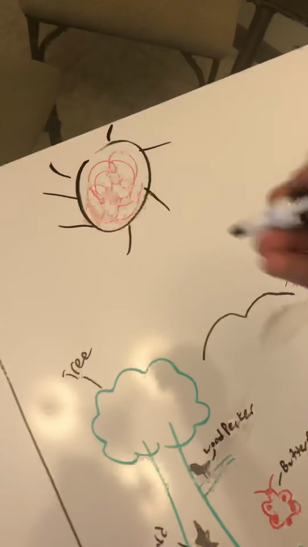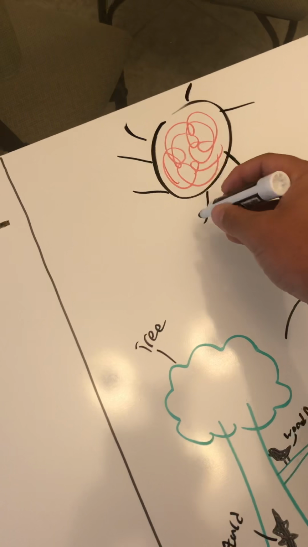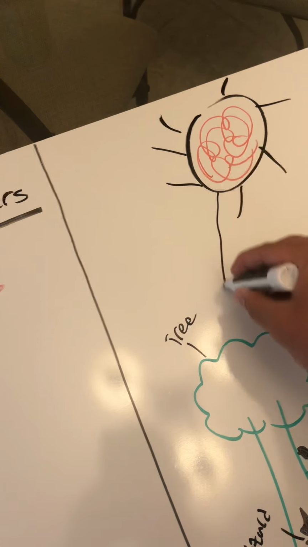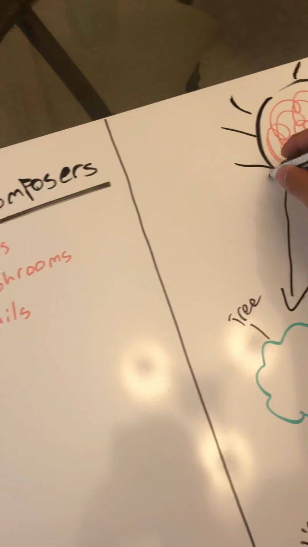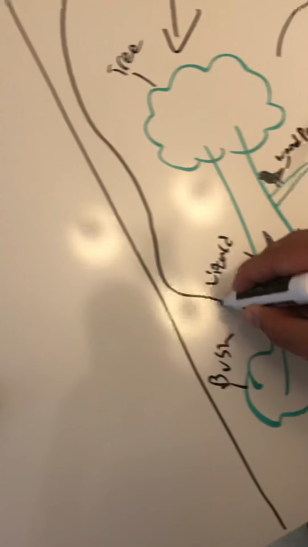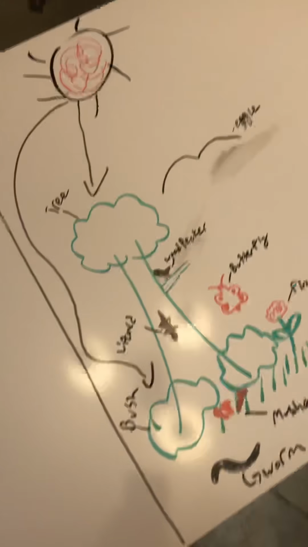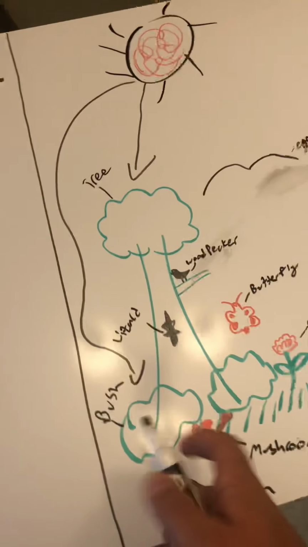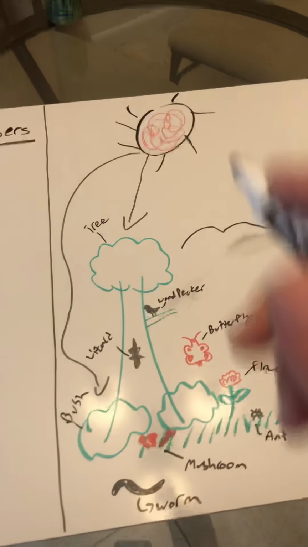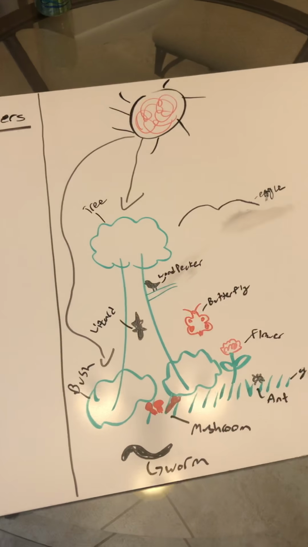So we know that energy starts with the sun, and that sun's energy can be used by trees or by bushes in order to grow. So just like our plants in class, these trees, these bushes, these flowers, they will grow with energy from the sun.